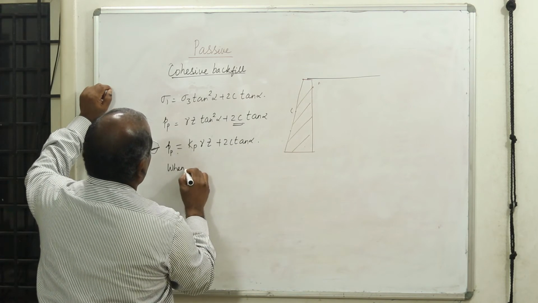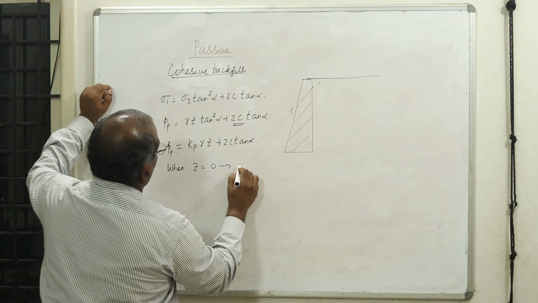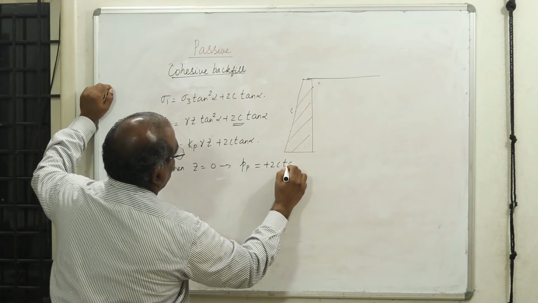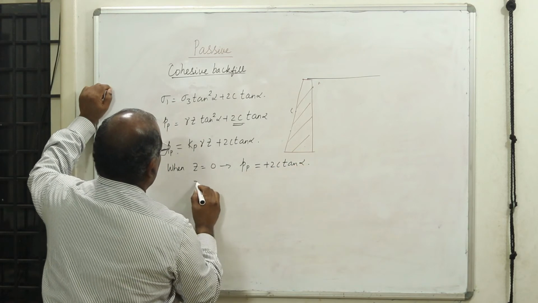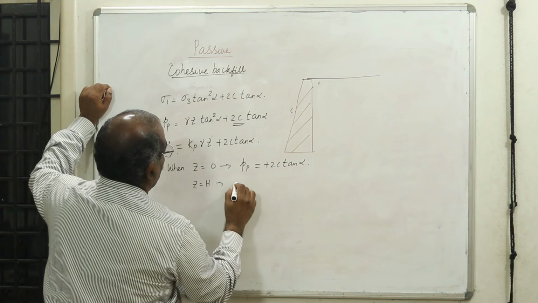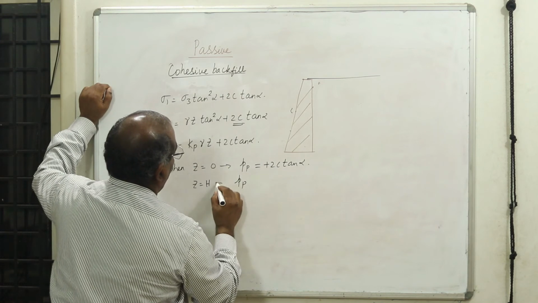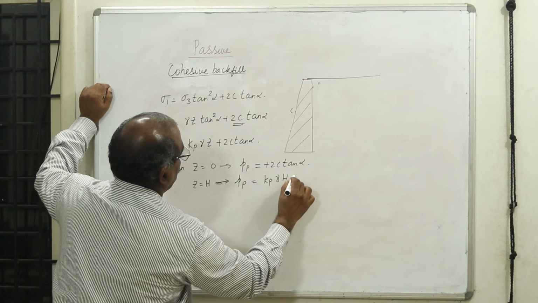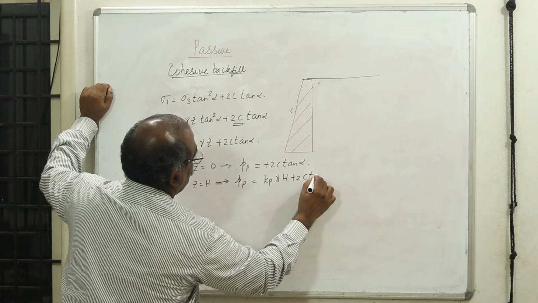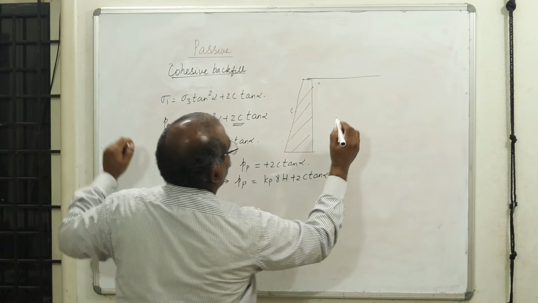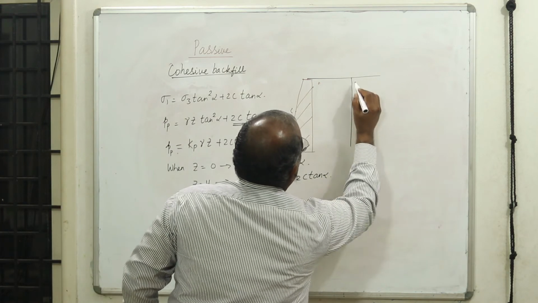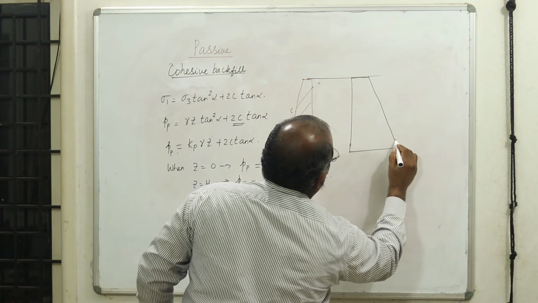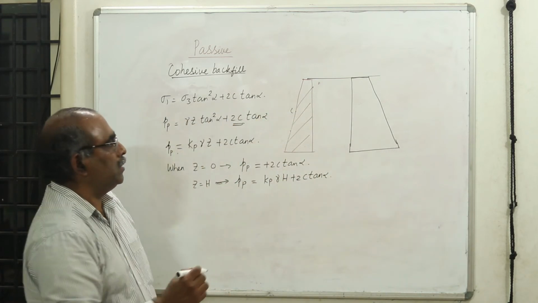When we substitute the limits, when z is equal to 0, what happens to your Pp? It becomes positive pressure. Then z is equal to h, Pp is equal to Kp gamma h plus 2c tan alpha. Therefore, you are going to have a pressure distribution like this. You don't have any negative pressure distribution.